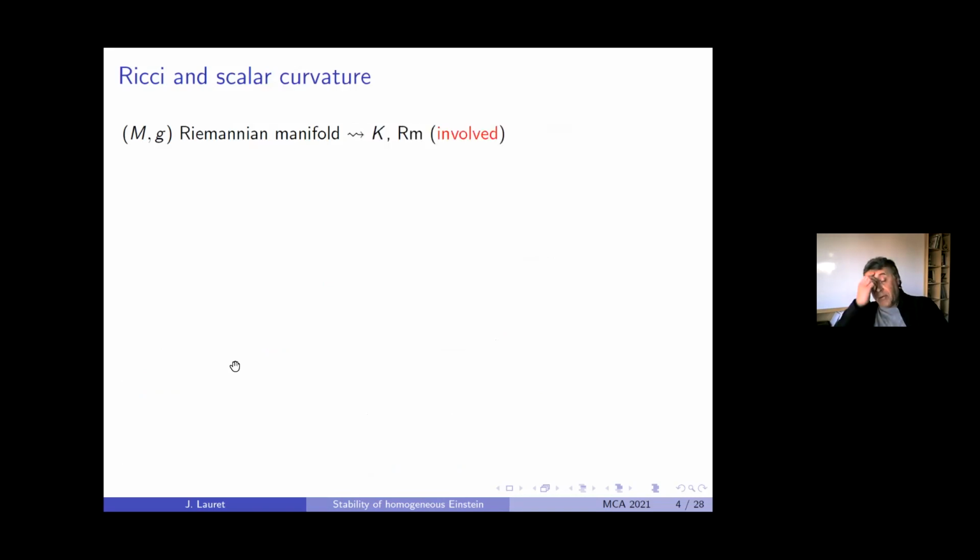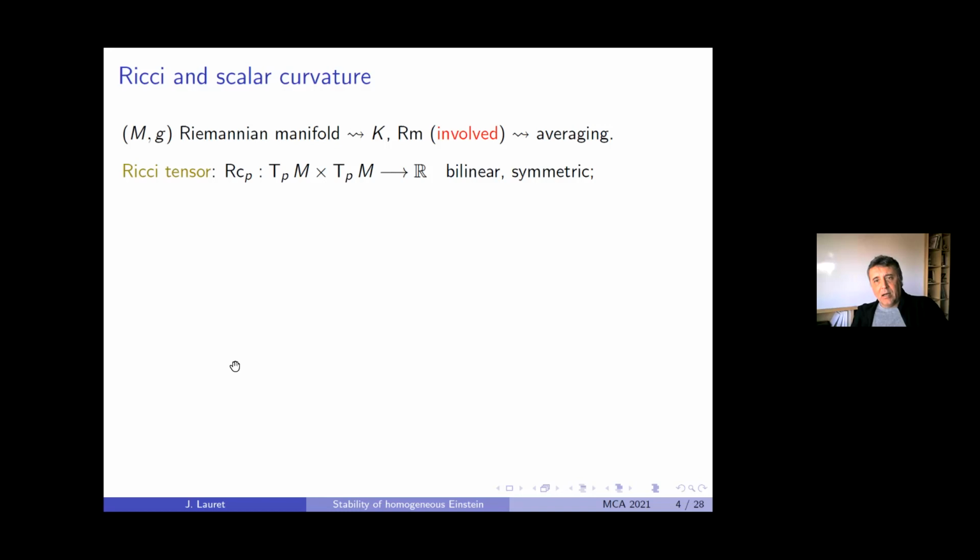So when you have a Riemannian manifold, you have this sectional curvature or the Riemann curvature operator, and since they are very involved, you want to average to get other notions of curvature. Maybe you are losing information, but you can do something.